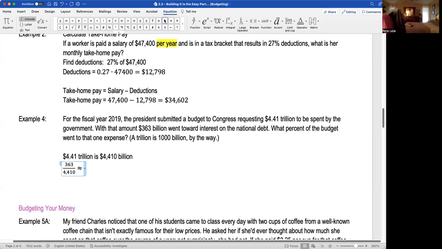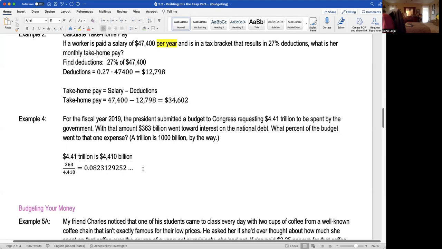So 363 divided by 4,410. And this gives me 0.0823129252. Okay. Well, I don't want that because I want a percent.